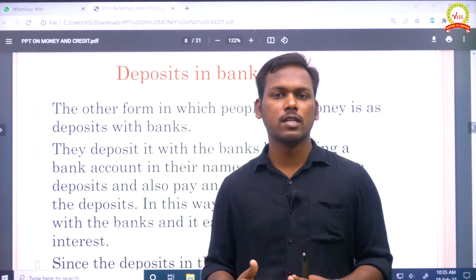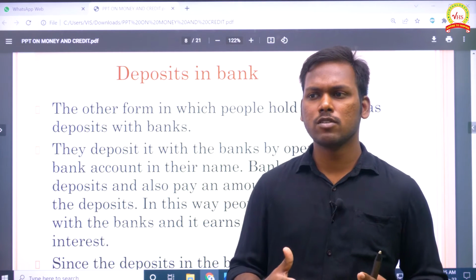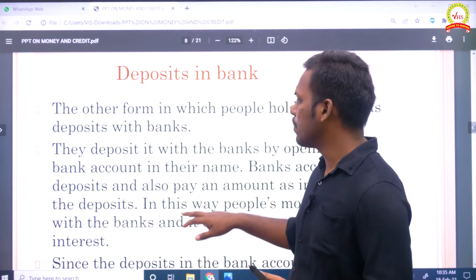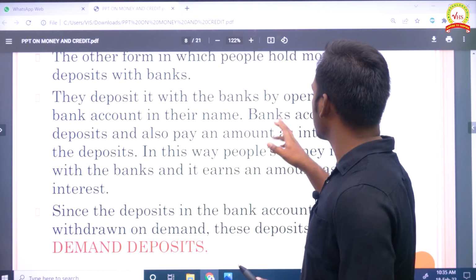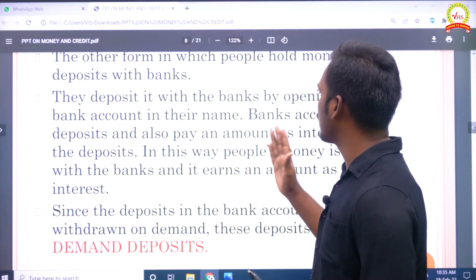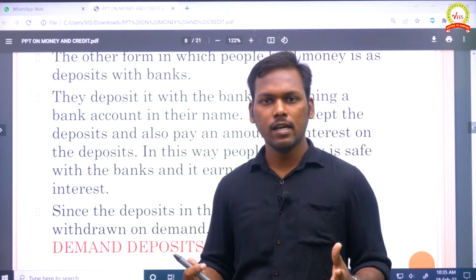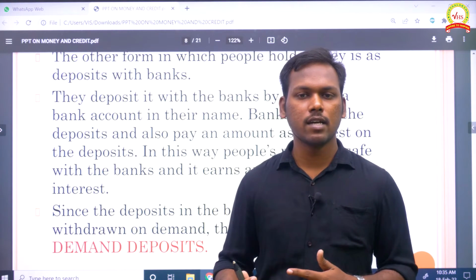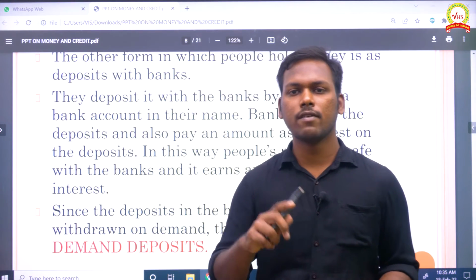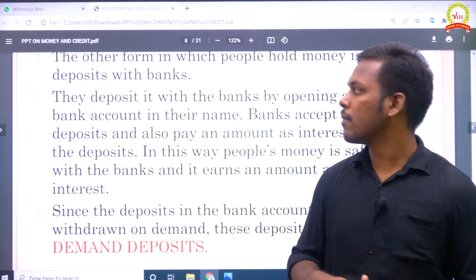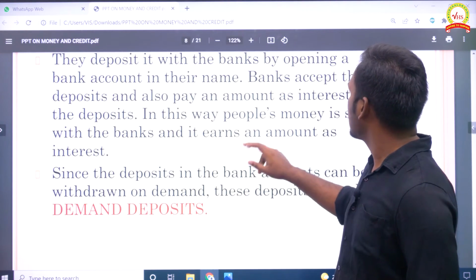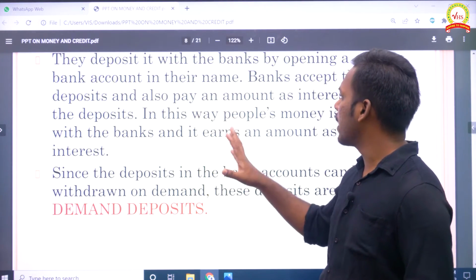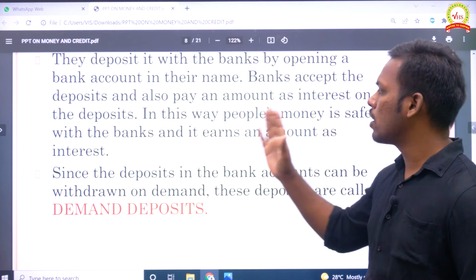Nowadays we deposit in banks for safety, by opening a bank account in our name. If you want to do any kind of transaction through the bank, you must have an account in your name, and banks accept deposits and also pay an amount as interest on the deposits.